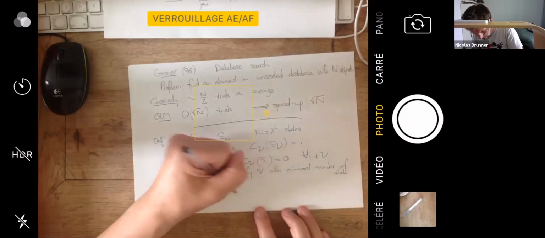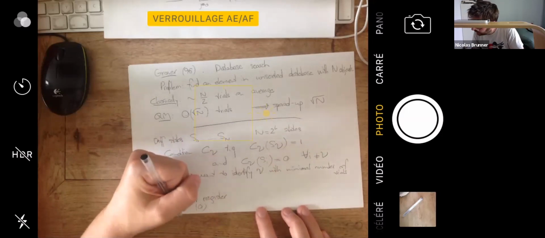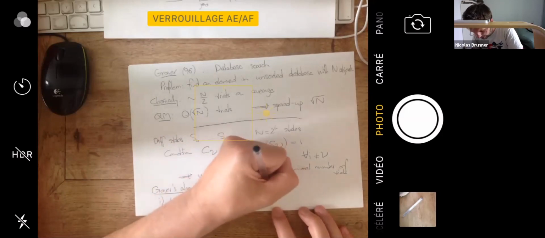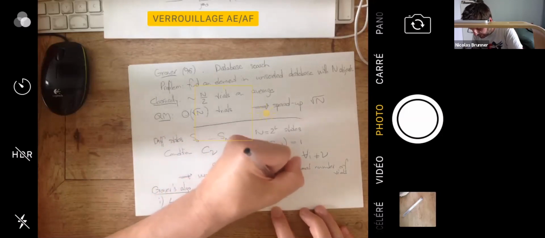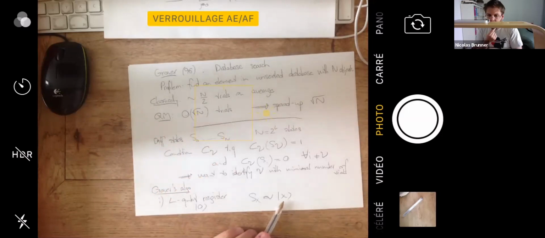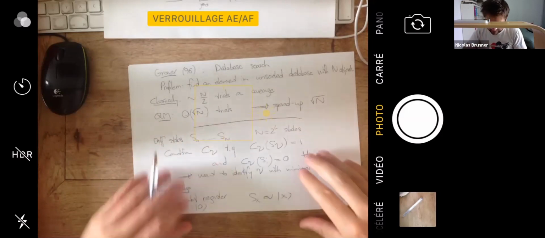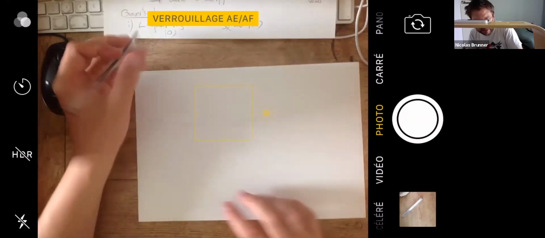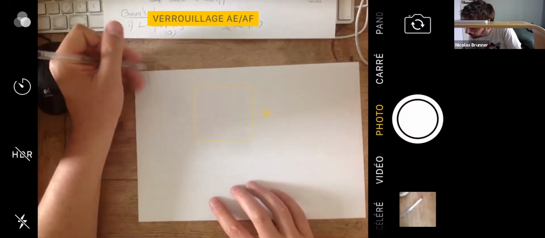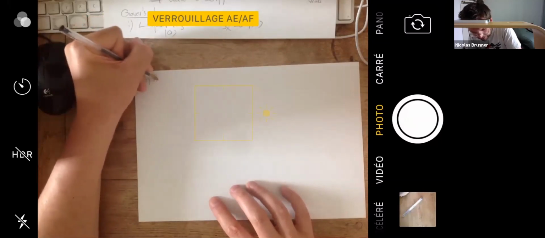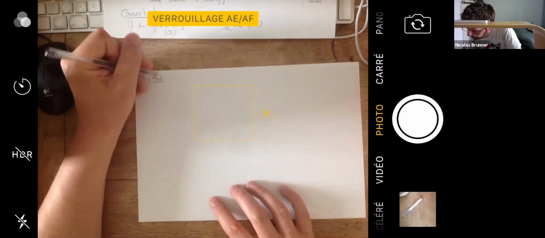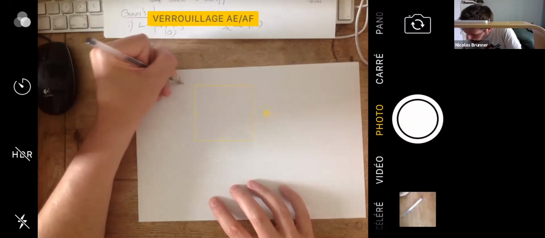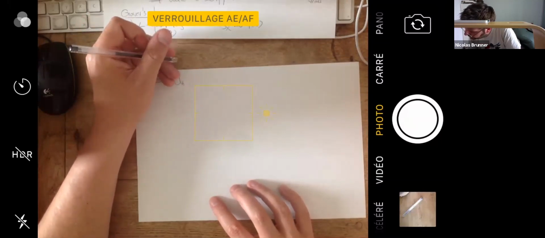Our register is initially in the state 0, and the state x corresponds to the quantum state x. Now the second step in the protocol is that we apply the Hadamard as usual. So now we have U_H of x.